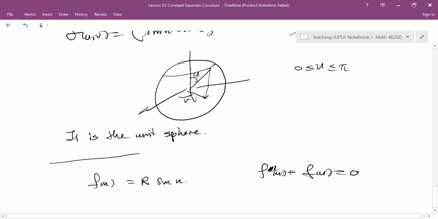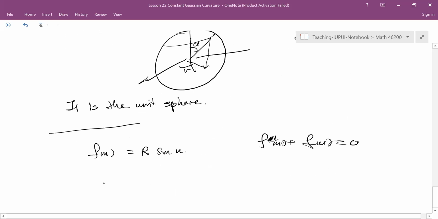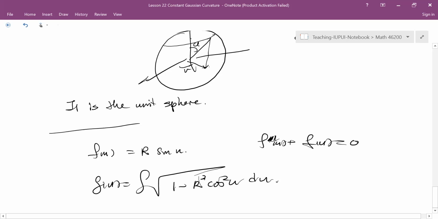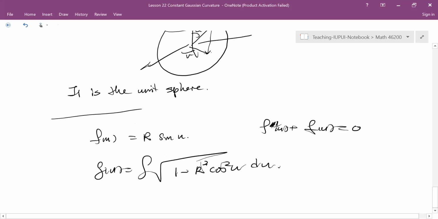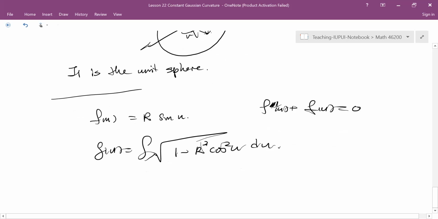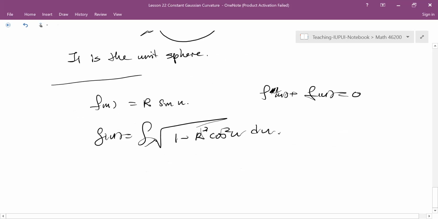In this case, g of u is going to be the integral of square root of 1 minus r squared cosine squared u du. When you differentiate f, you get cosine u. It's harder to evaluate, so you can use Maple to draw the picture.